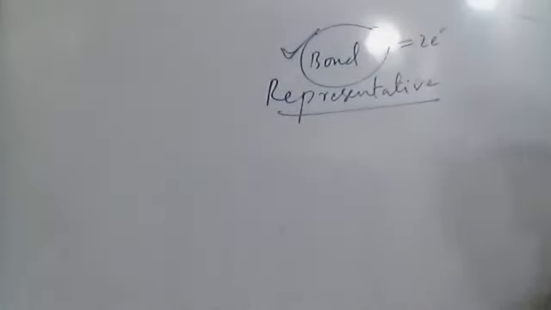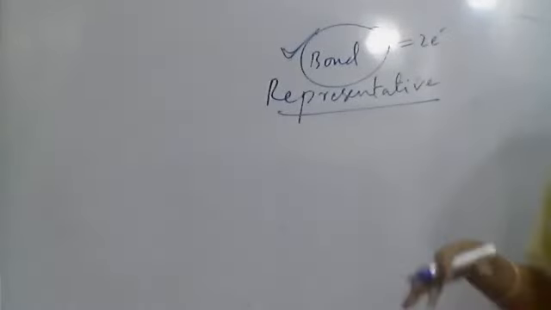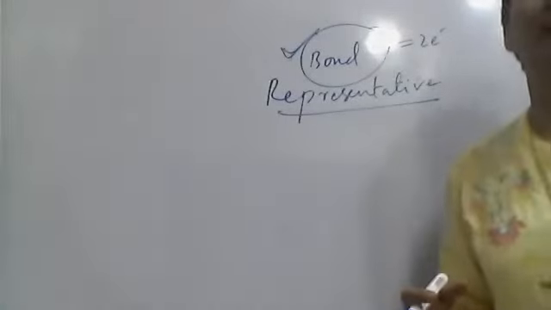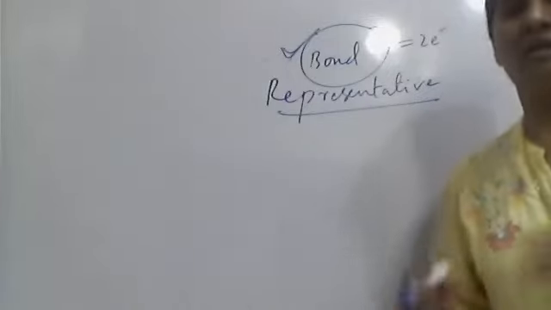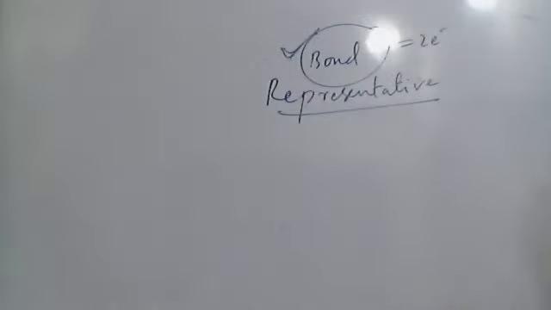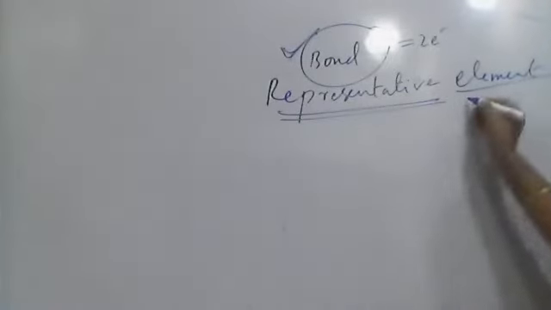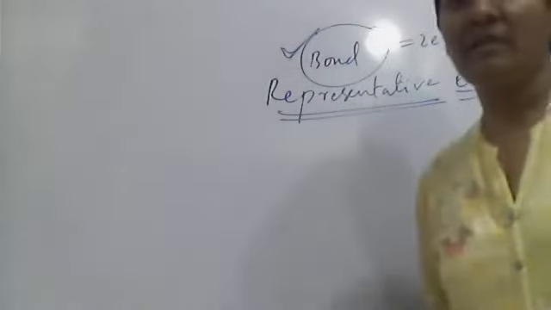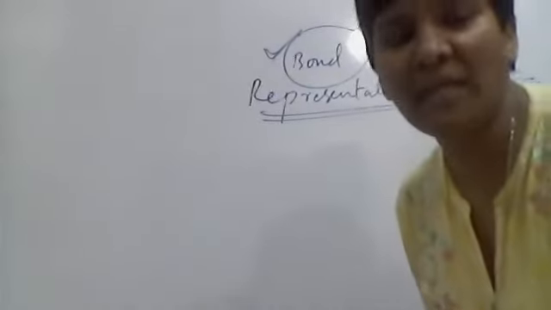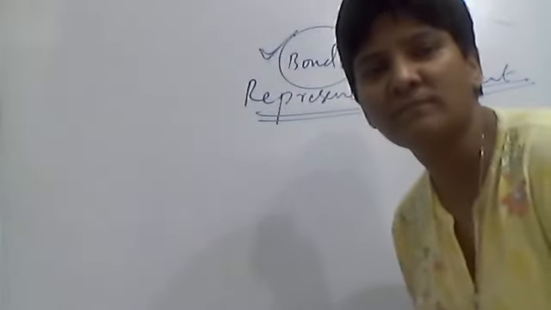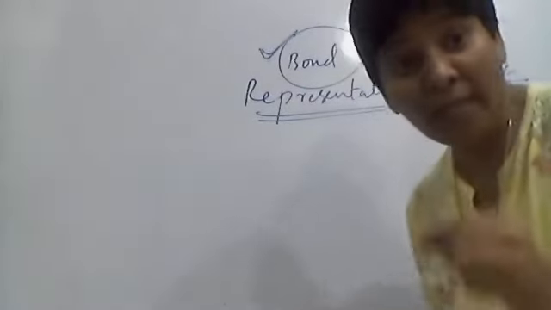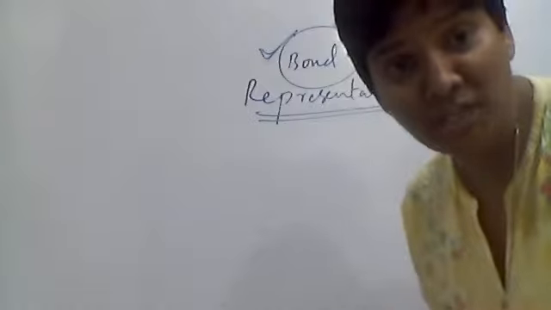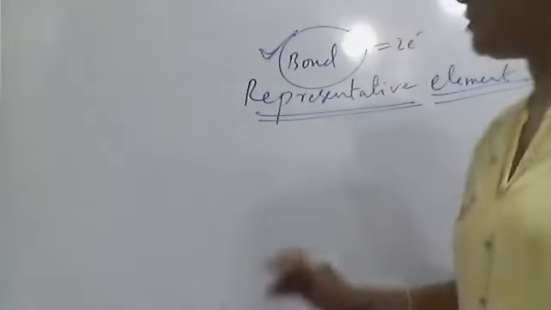Okay, so the elements which are used to explain chemical bond formation or chemical reactions are called representative elements. So you all know which elements participate in bond formation, or we know the question, why elements have a tendency to form bonds to get stability.